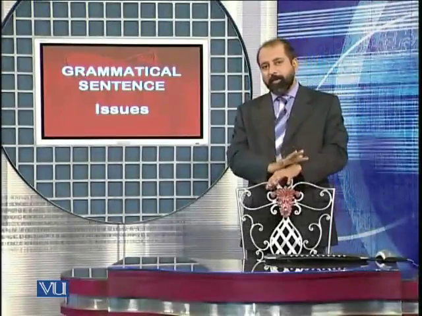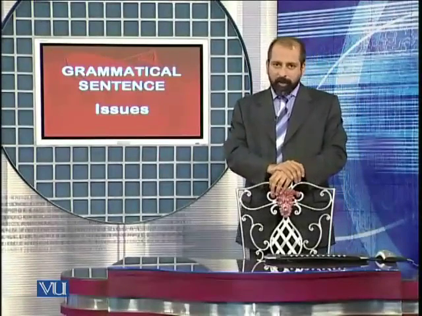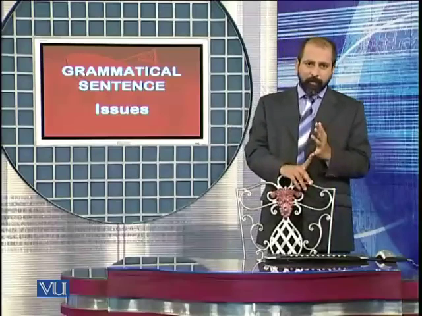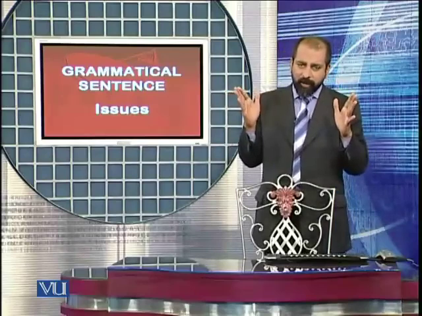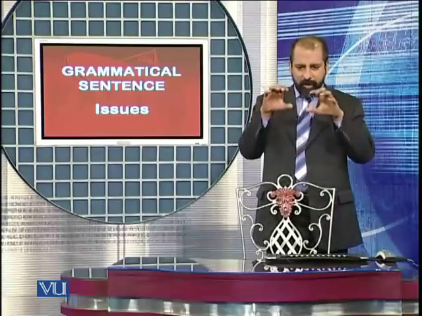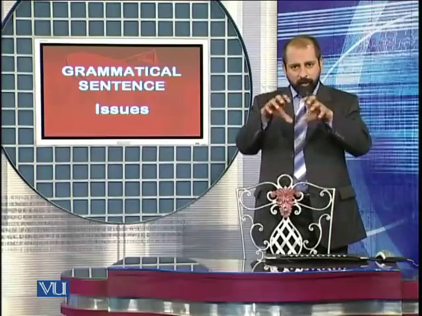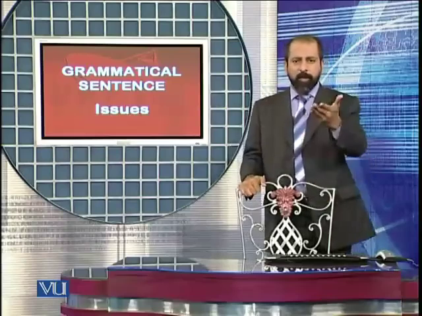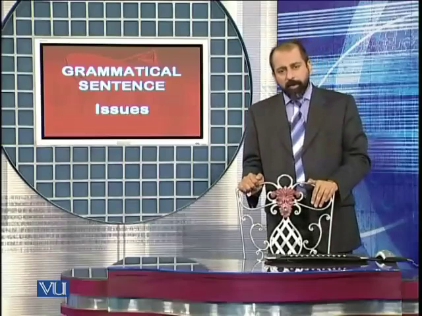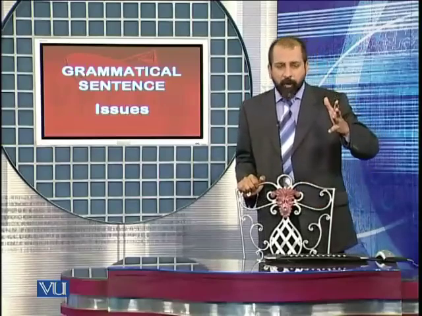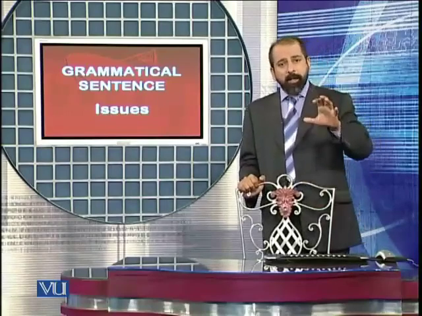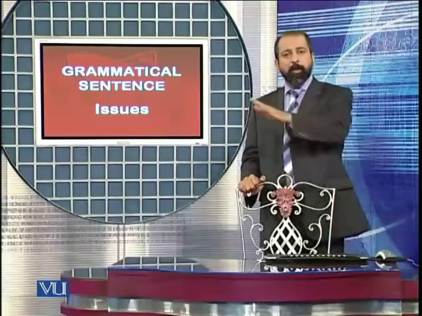Now, three cardinal principles we have studied. Number one is subject and verb should agree with each other, not with the words which come in between. Could be in the form of modifiers. Number two, we see that subject, if it's in compound form, connected with the help of and, take it as plural, verb has to be plural.